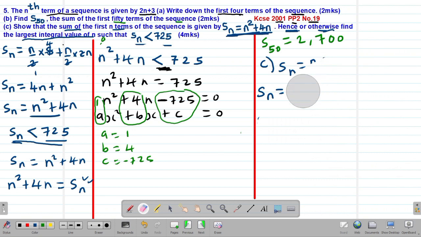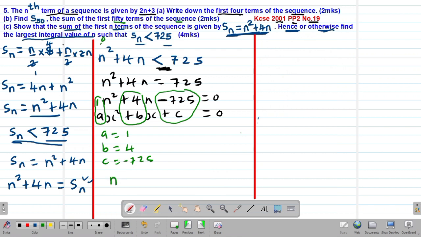The quadratic formula requires that our value of n be given by negative b plus or minus the square root of b squared minus 4ac, then the whole thing divided by 2a.